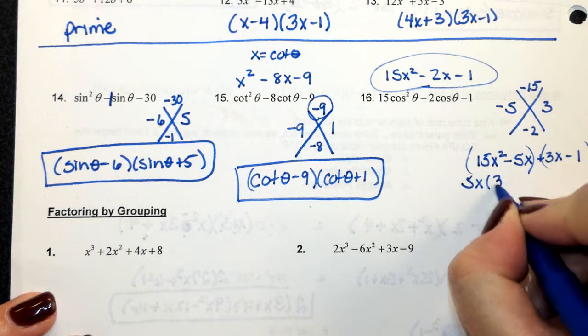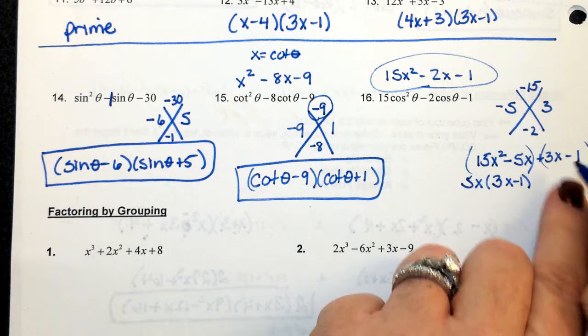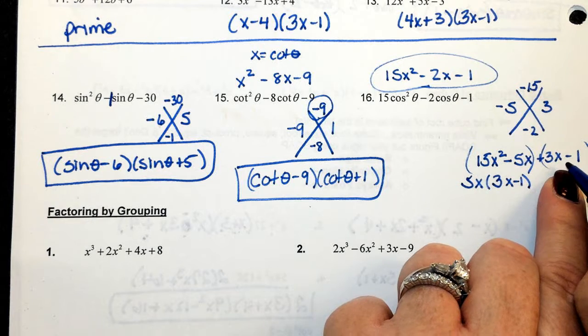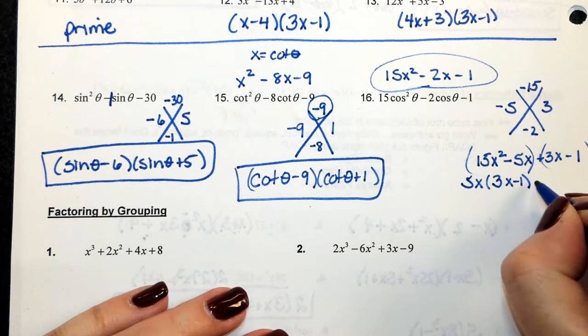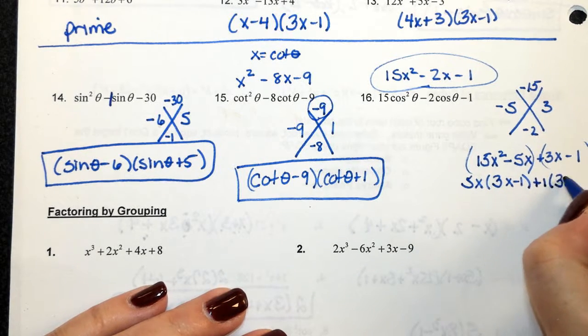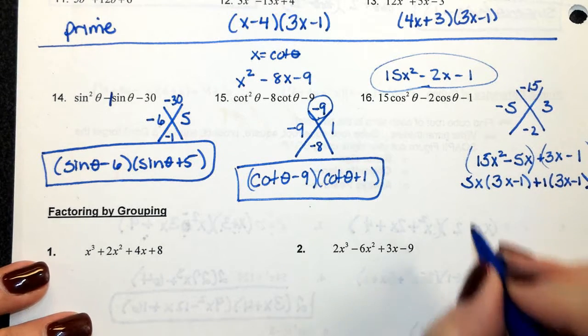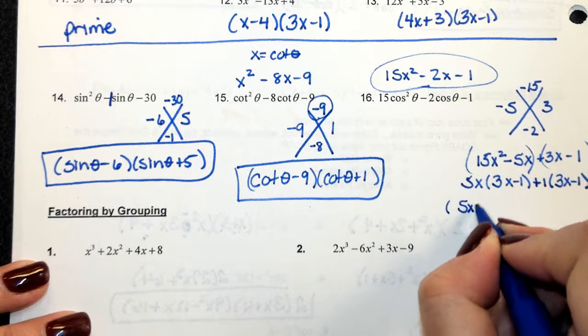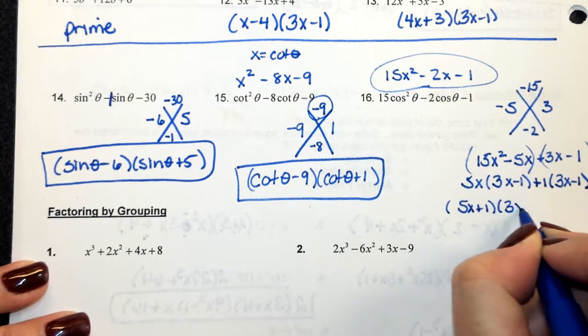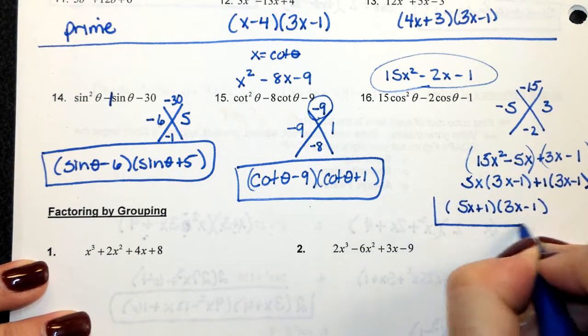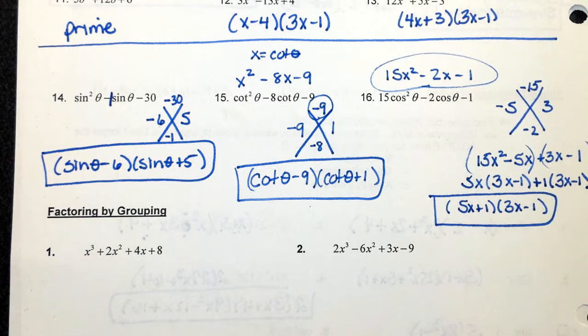And that's going to leave me with a 3x minus 1. Notice I already have a 3x minus 1 in the second set of parentheses. So just imagine factoring out a positive 1. So then my final answer is going to be 5x plus 1 times 3x minus 1. Okay? So any questions on that one?